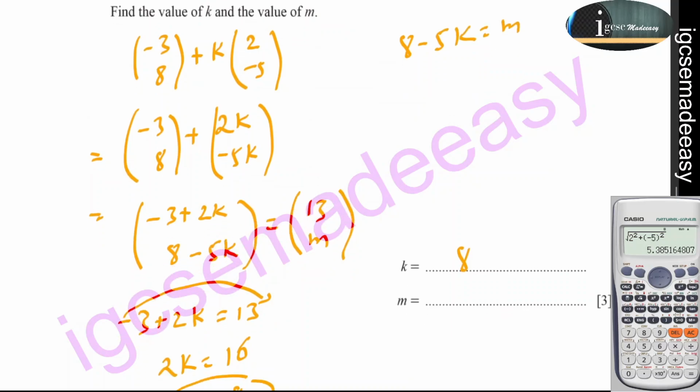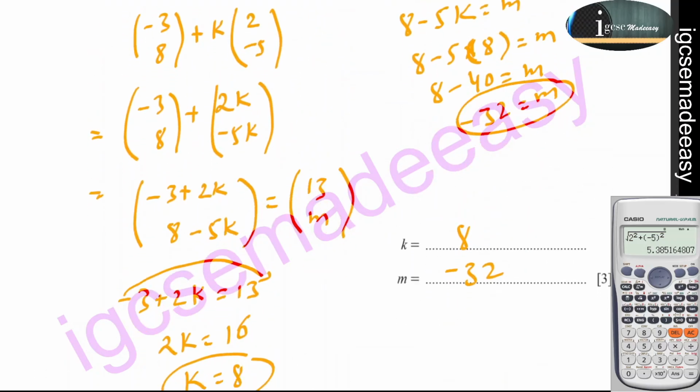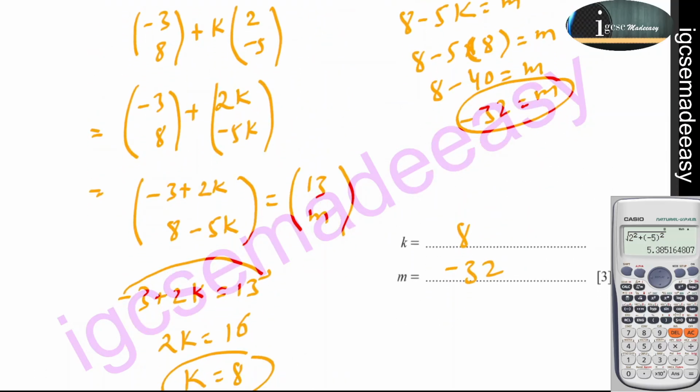We already got the value of k. So 8 minus 5 times 8, which is 40, equals m. So 8 minus 40 is -32, which is the value of m. So this is how we have to do it, and this is the end of this question.